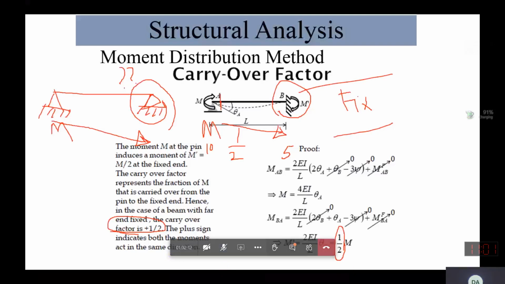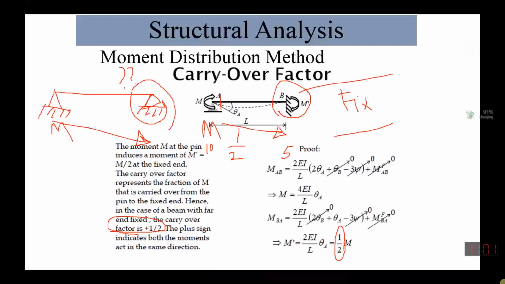Once your support is a hinge, it cannot take any moment. We know that a hinge or roller cannot take any moment. Moment at these points is equal to 0.